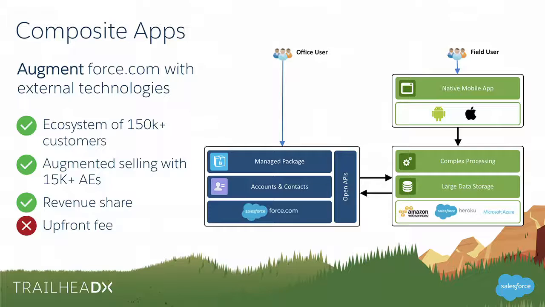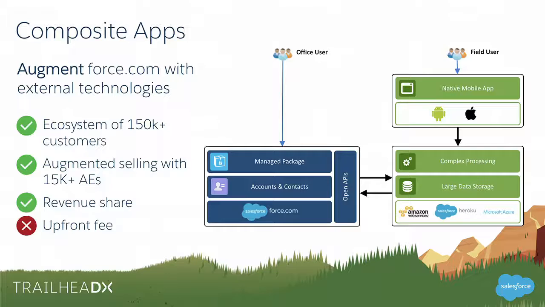We have some partners that do native applications on mobile devices that talk to a managed package on the platform, maybe no intermediate layer running on AWS or Azure. But anything that consumes something external, and it could be owned by the ISV, or it could be a third-party API, so maybe you're connecting to an accounting package and you're providing a managed connector for that.